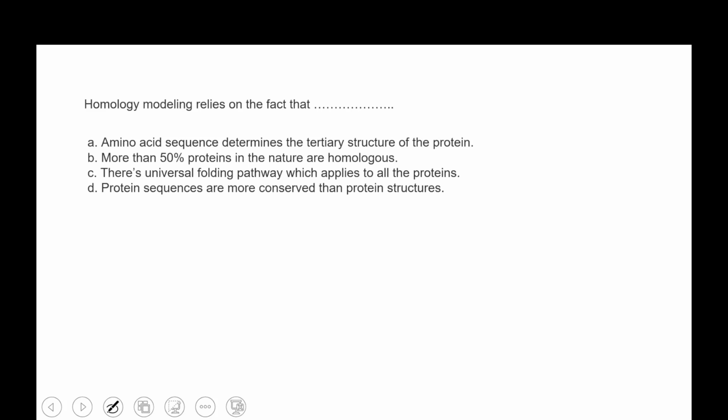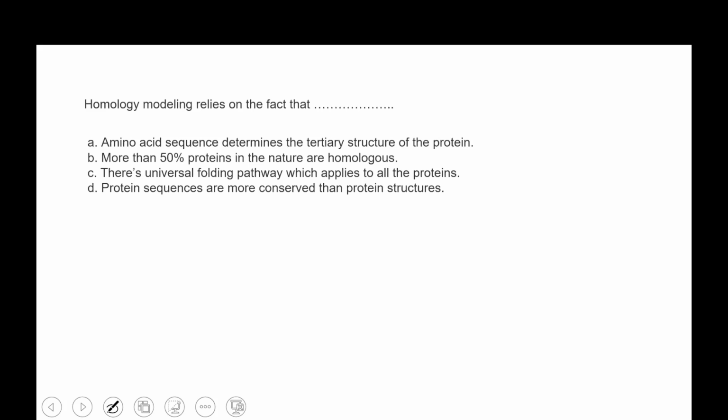So based on the sequence only: I have one protein known to me and I have the 3D structure of that. I have another protein whose sequence I know, and based on the sequence only, I will make another model, then superimpose both the models with each other and see whether they have similar kinds of loops or domains. That is called homology modeling.